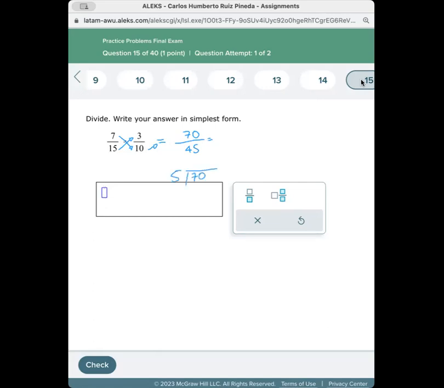Remember, we can use a calculator, but let's do it step by step. So it's 14, divided by 45 divided by 5 is 9. And the final answer is 14 divided by 9. Okay? We are super done.